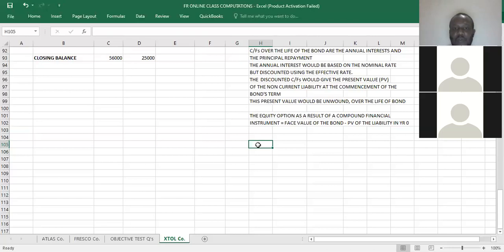Okay, so we move now. First of all, we'll calculate our interest. So annual interest from this question now. Annual interest is equal to 5%, right? So the nominal rate times face value.